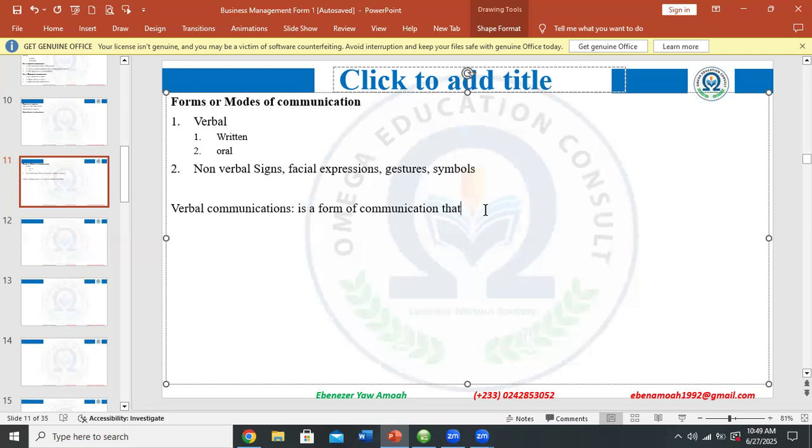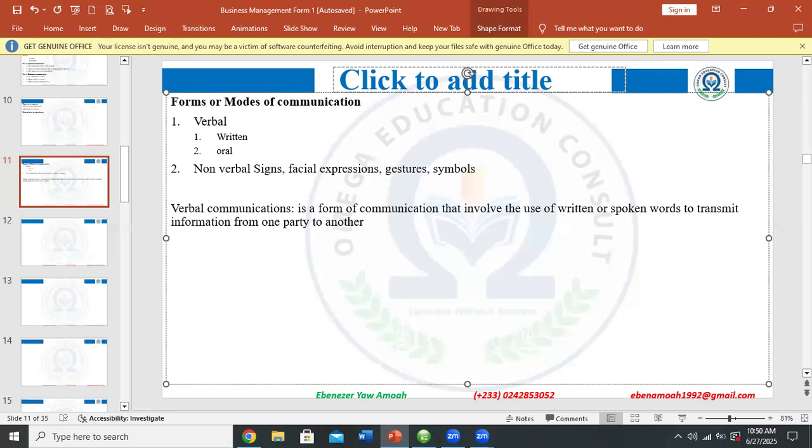So verbal communication is a form of communication that involves the use of written or spoken words to transmit information from one party to another.